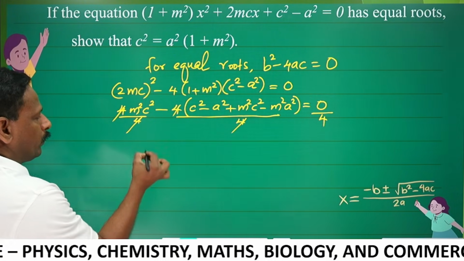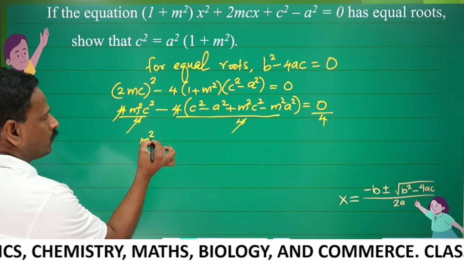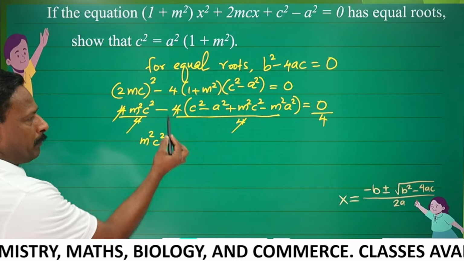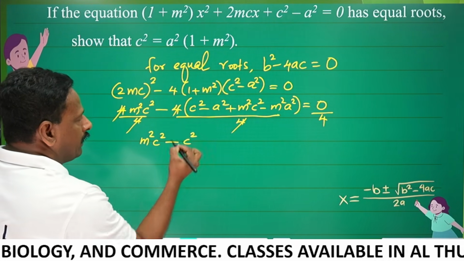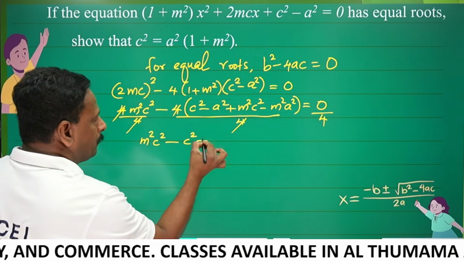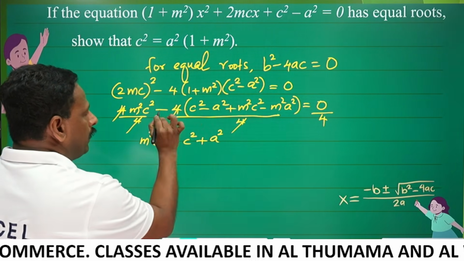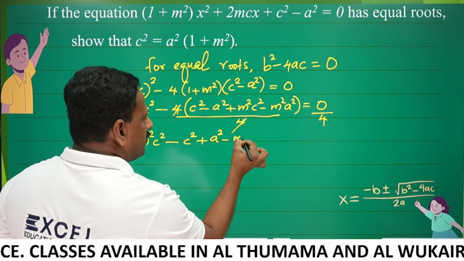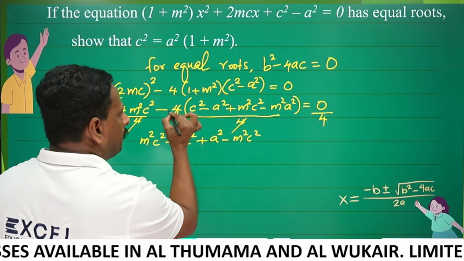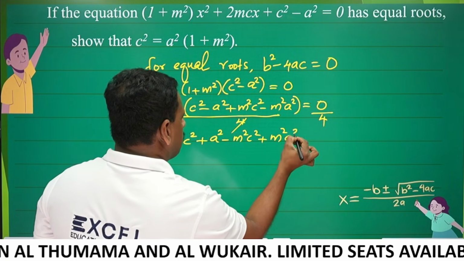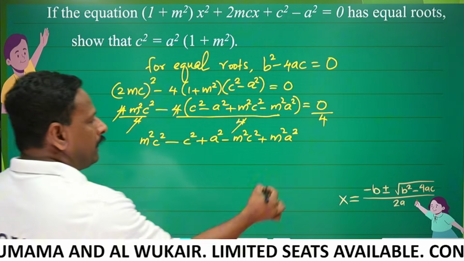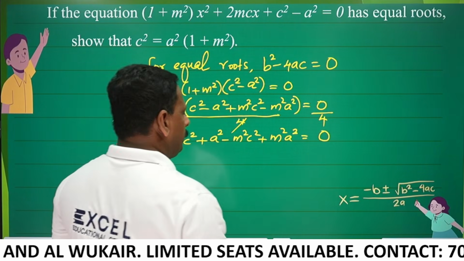So what remains now is m square c square. So we'll open the bracket. So when you open the bracket, what you get is minus c square, minus into minus is plus a square, minus m square c square, minus into minus is plus m square a square equal to 0.